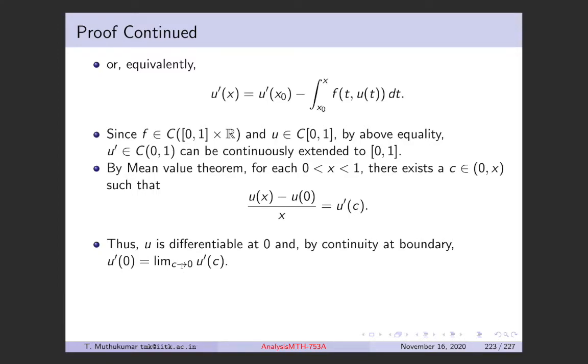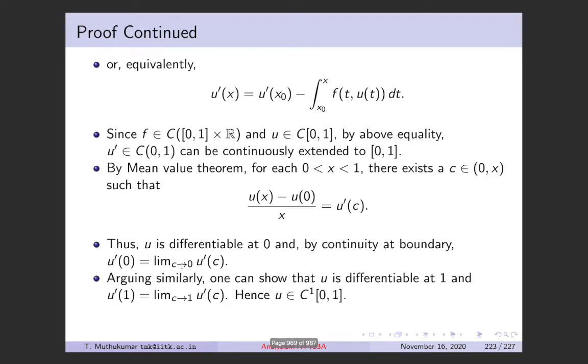A similar argument can be given to show that u prime of 1 is the limit of u prime of c as c goes to 1, in a similar way, right? Do it for the interval x comma 1 here. So then you get u prime of 1. So basically what we have shown is that u is once differentiable even at the endpoints, right? We have shown the derivative at the endpoints.